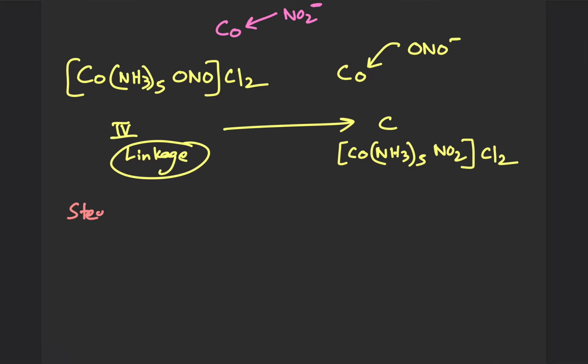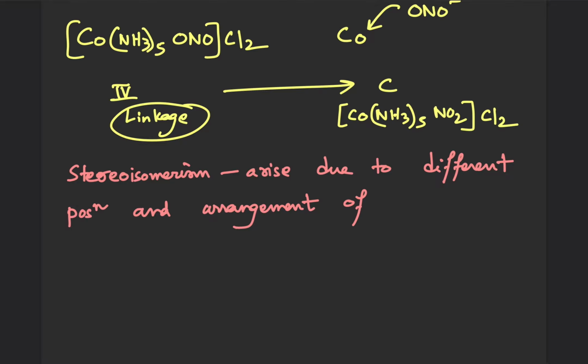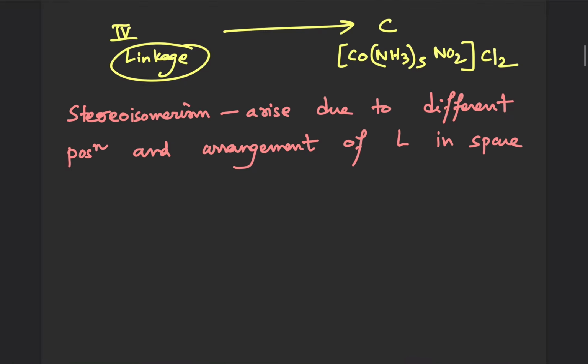So stereoisomerism, the second type of isomerism shown by coordination compounds, arises due to different position and arrangement of ligands in space around the metal ion.